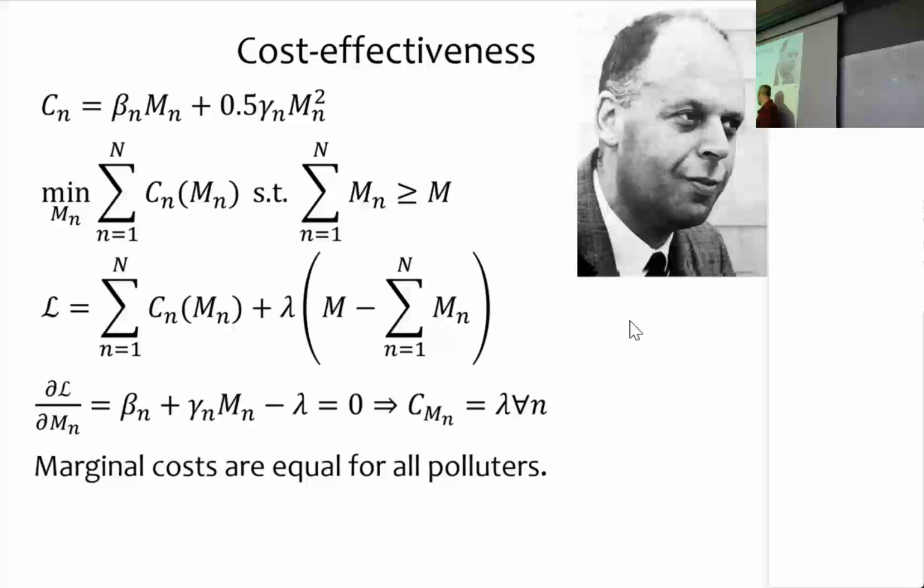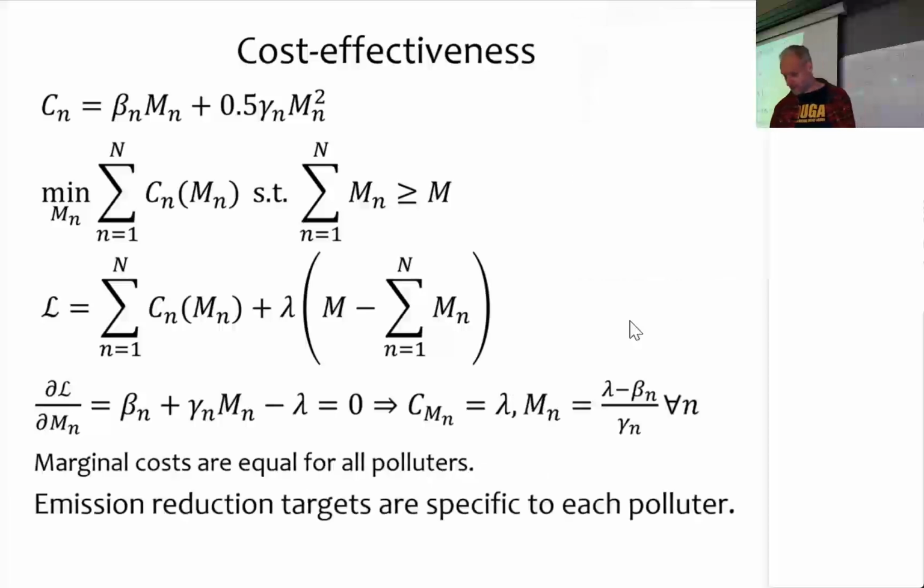The costs have a subscript n, the shadow price does not have a subscript. And that means that the cheapest way of implementing emission reduction is so that the marginal cost of emission reduction is the same for everyone. Right? So that's the first insight.